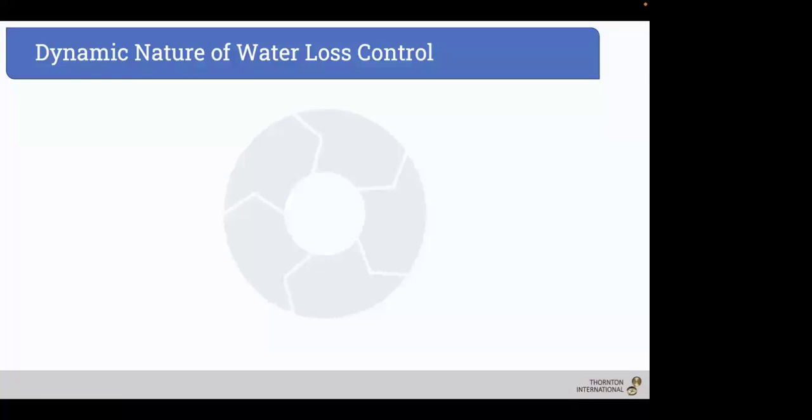Thinking of the dynamic for water loss control, we need to start by analyzing the current losses. So we need to assess the volume of real and apparent losses in order to establish baseline metrics and identify potential problems. Then you work on an action plan. So you can create targeted interventions based on efficiency and effectiveness criteria to address the loss issues.